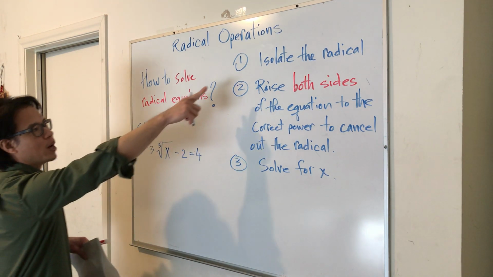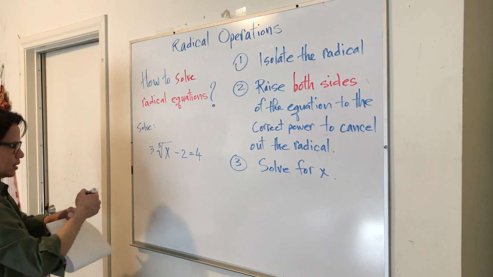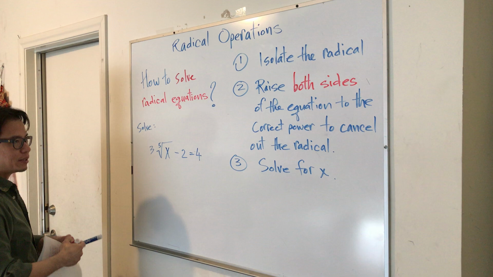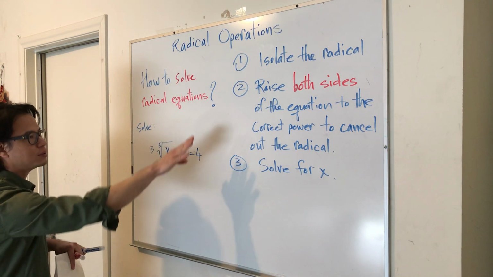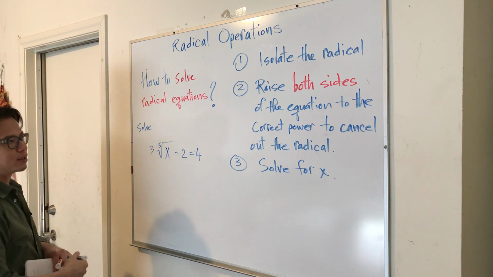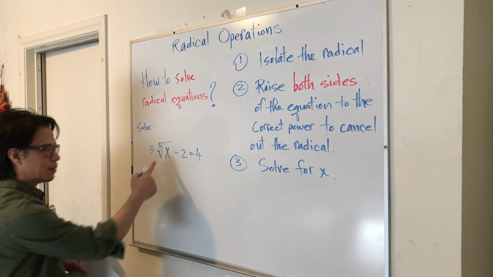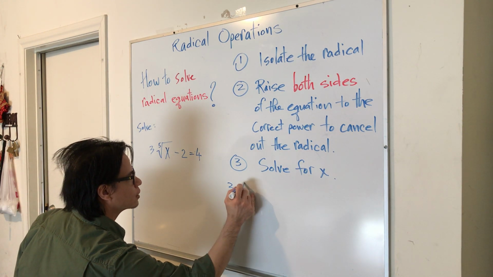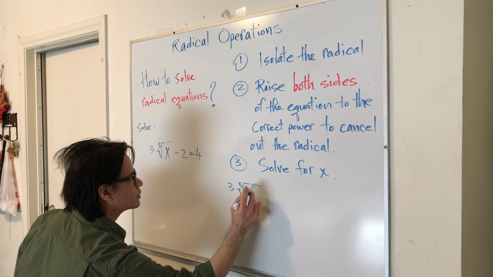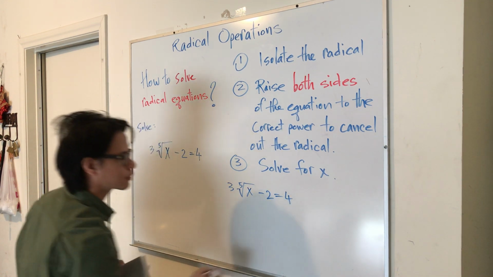So step 1, we need to isolate the radical term. Give it a try. You can pause this clip and apply those 3 rules to this equation here and see what you can do. I'm going to rewrite this here. 3 times the 5th root of x minus 2 equals 4.